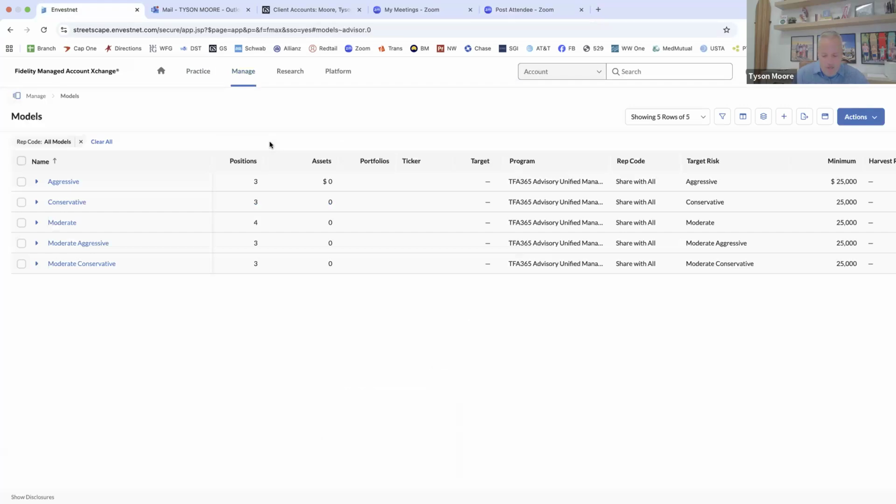Now, a mistake I've made is I was thinking that I was going to wait a bit to put my models together until the company added all their other funds they're going to add on this enhanced program, which, by the way, all of you guys have that enhanced program now, I believe. But then I just kind of had an epiphany one day. I'm like, that's really a stupid decision, because I don't expect I'm going to use most of those funds, because most of them are going to be actively managed mutual funds.